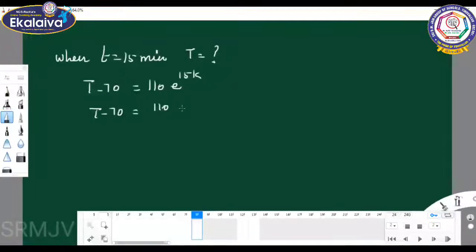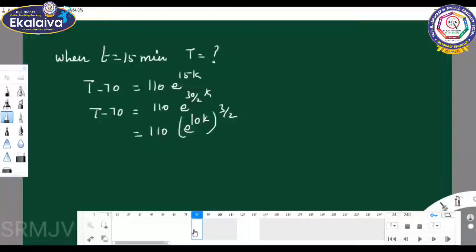You can write it as e power 30 by 2k. So you will write it as 110 into (e power 10k) whole power 3 by 2.